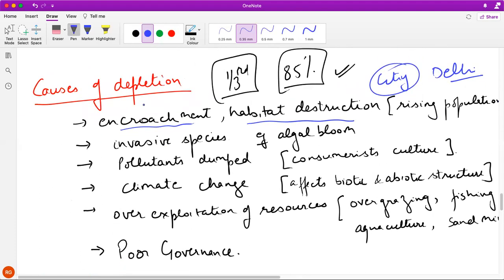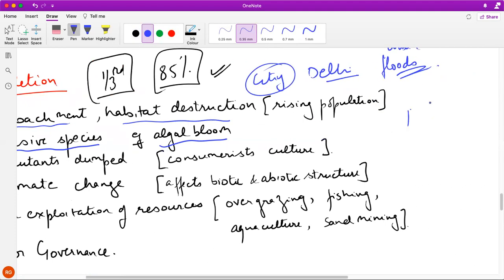Then another cause of depletion is invasive species. What is happening? Algal bloom and other species are invading the ecosystem. In ecosystems, suppose there were earlier organisms dependent on a certain number of resources, but now some new organism enters. So this will also encroach over these resources.